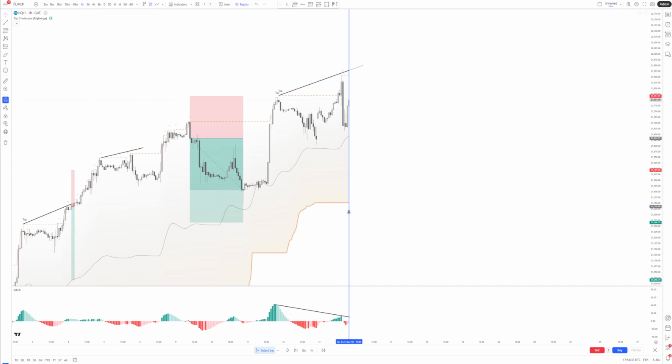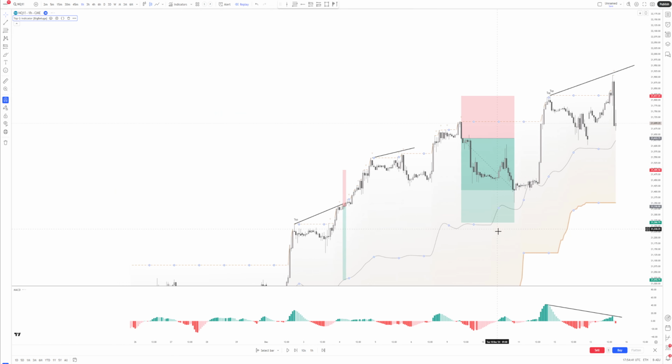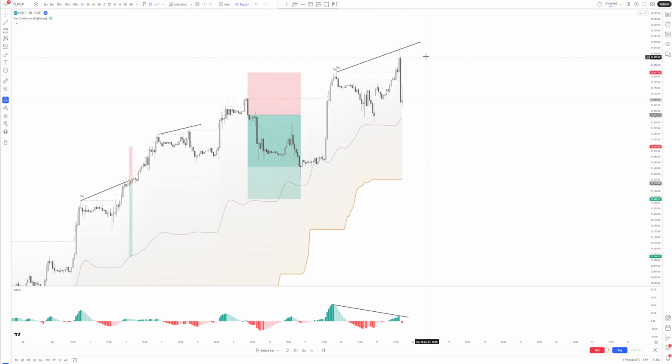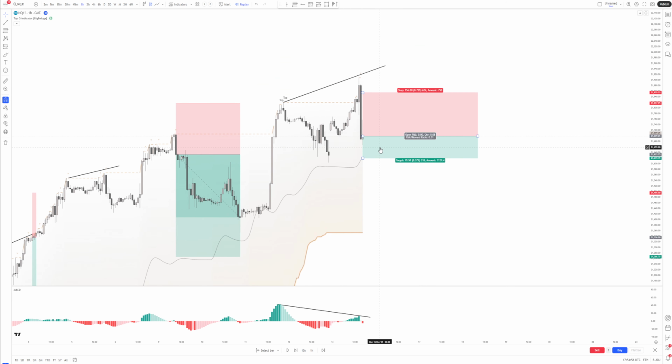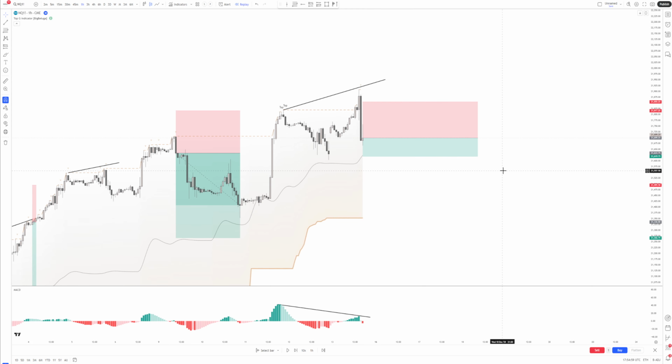So ideally, just go back by a couple of those. It would look something like this. So that would be our entry. We would enter somewhere along the line here. And then again, because the midline is so close, the reward to risk is not going to be that good.